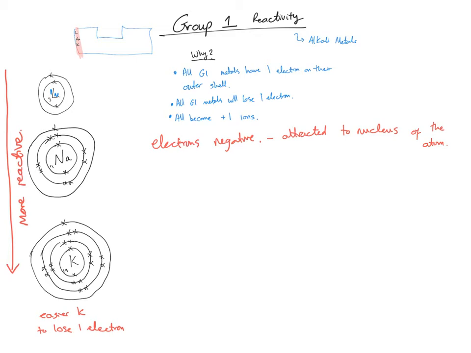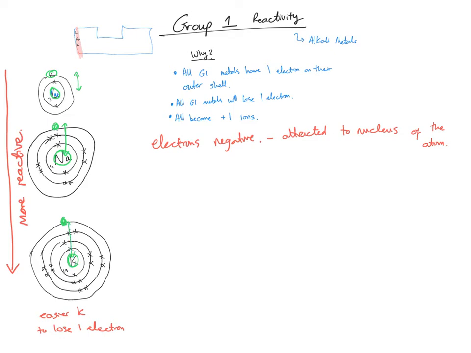Now, if you look at the distance between the outer electron and the nucleus in lithium, it's not very far. This outer electron is really close. In sodium, the outer electron that's going to be lost is a bit further from the nucleus. If you look at the final one, potassium, the distance between the outer electron it's trying to lose and the nucleus is here.